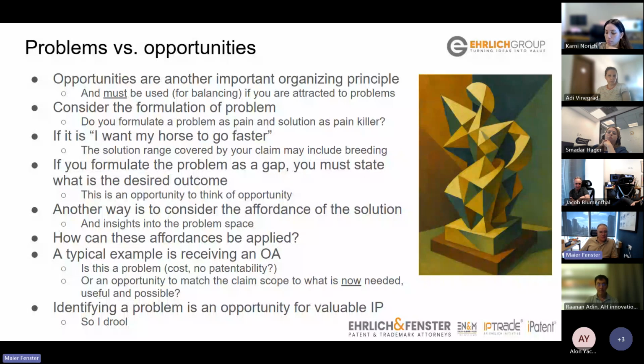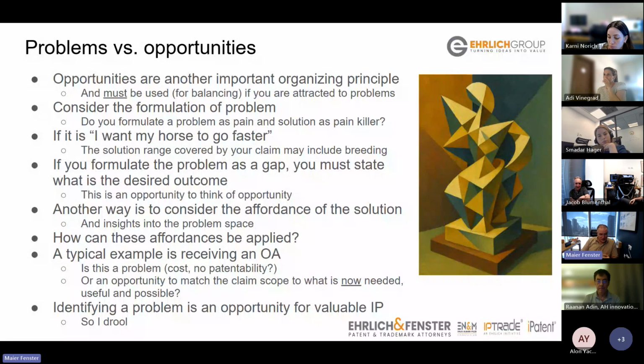If you formulate your problem as a gap, I'm here, but I want to be there, if anybody saw Sesame Street, then you have to define where it is that you want to be. The minute I'm demanding for you to define where it is that you want to be, it forces you, gives you the opportunity at least, to think of the opportunity where you want to be.